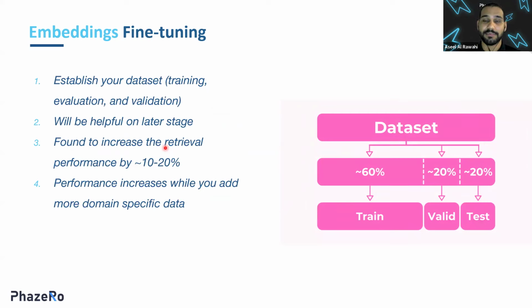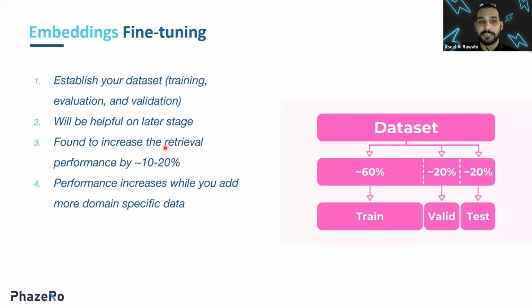And basically how you do it is by establishing data sets. So you're going into the regular machine learning flow of having your training data set, evaluation data set, and lastly, your validation. You will be asking how you can create your own data set and utilize such a flow when building LLM-based applications.